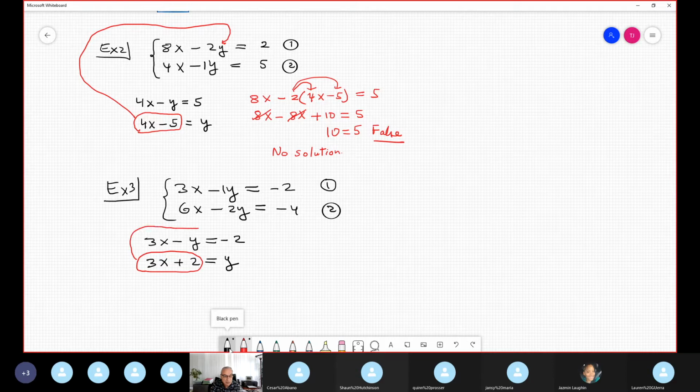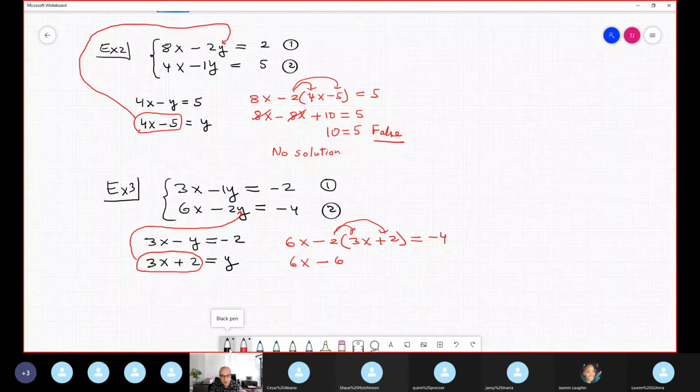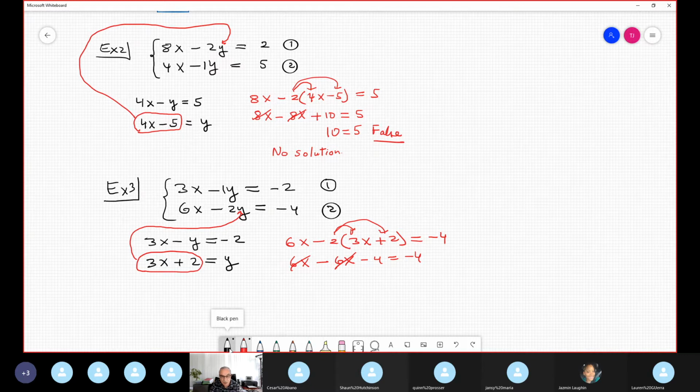So you replace y here with this expression. Then we have 6x minus 2 parentheses 3x plus 2 equal -4. Okay, one more time, you apply the distributive property to remove parentheses. 6x minus 6x. Wow, again something weird happened. And this is -4 equal -4. Okay, this cancels out. This says goodbye. And we have -4 equal -4. Okay, this is a true statement.